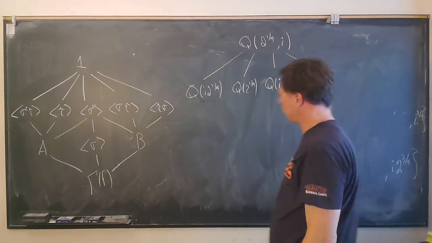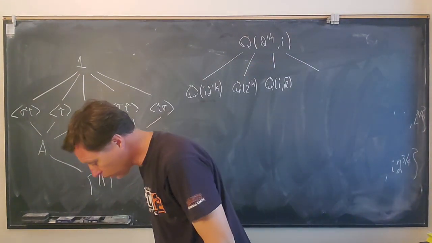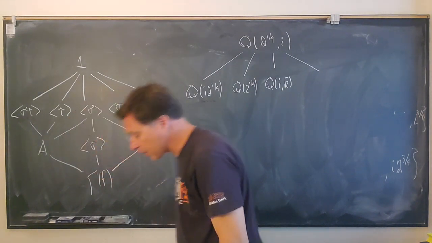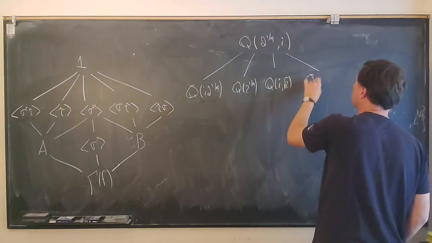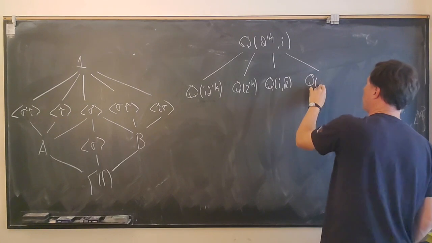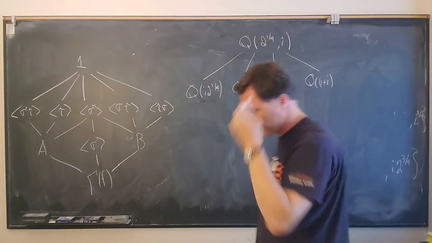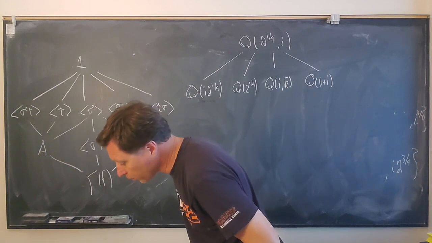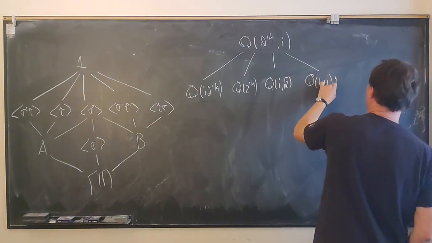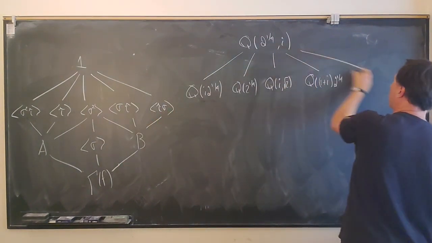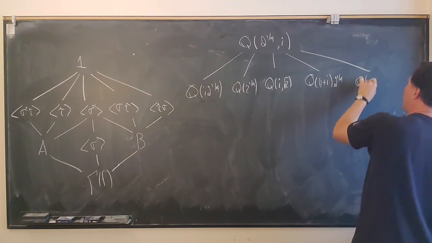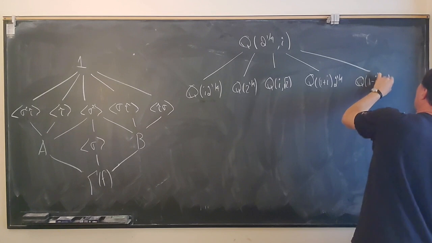And then we're going to get the other two: Q adjoin 1 plus I times 2 to the 1/4, and then over here we get Q adjoin 1 minus I times 2 to the 1/4.